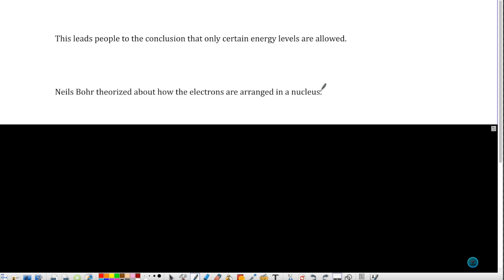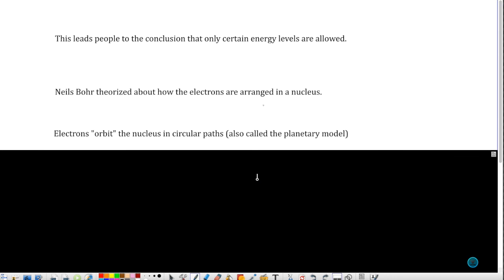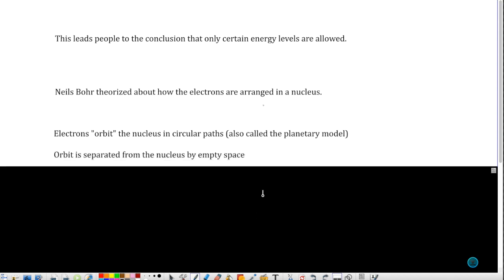Not in a nucleus, but about the nucleus. So what he said was electrons orbit the nucleus in a circular path. This model is also called the planetary model because in this model, electrons orbit the nucleus kind of like planets orbit the sun. The orbit is separated from the nucleus by empty space.